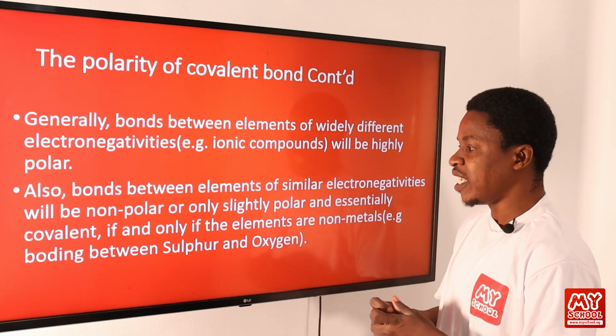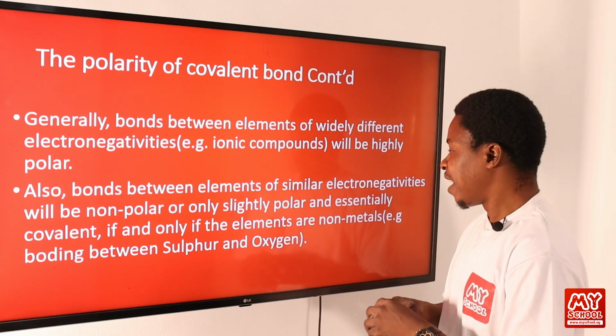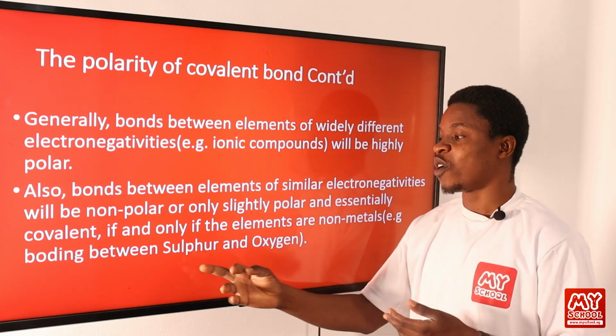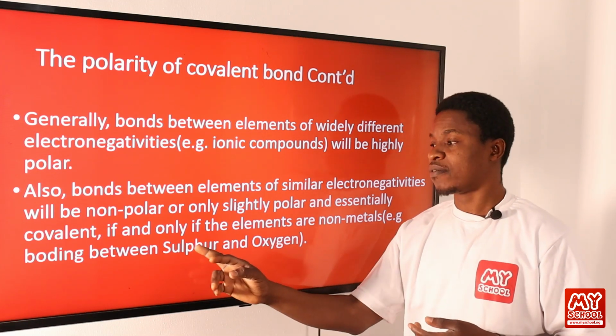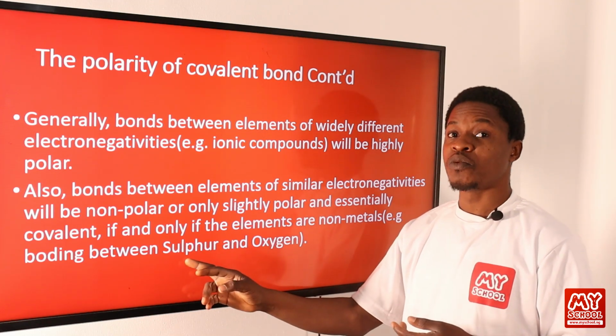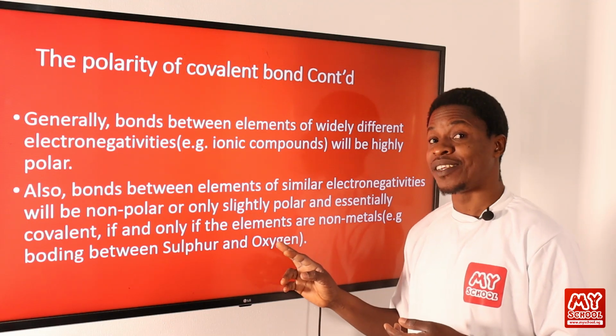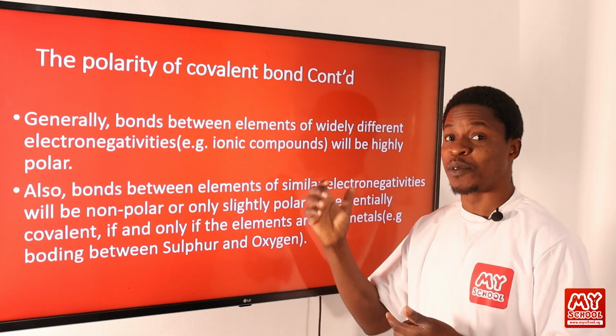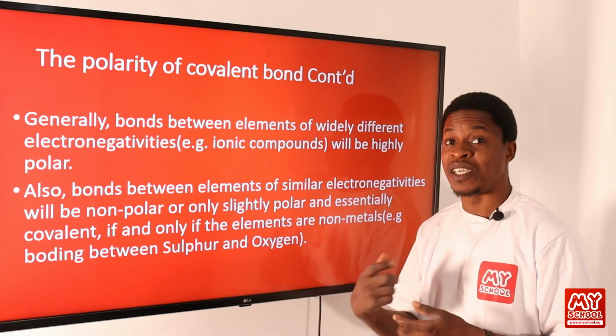So if and only if the elements are non-metals, for example, bonding between sulfur and oxygen, both of them are highly electronegative. Okay, this is S2 minus, this is O2 minus. Both of them are non-metals and both of them actually fall in the same group in the periodic table.